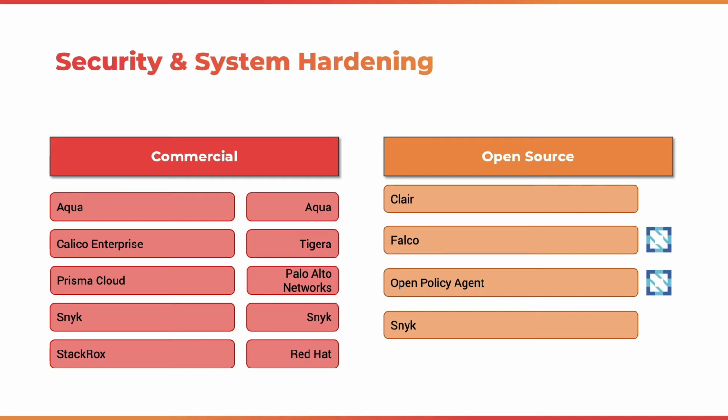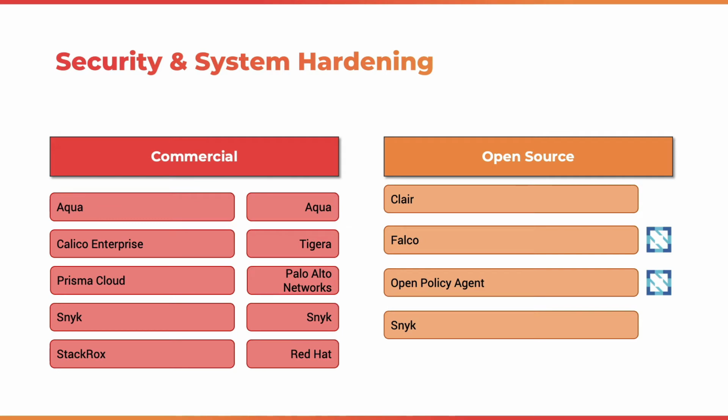And when it comes to open source, we have projects like Clair, which is scanning the container images for vulnerabilities before they are deployed. Falco, that actually provides policies, and same thing with Open Policy Agent, very popular, very important aspect of the Kubernetes ecosystem. And then Snyk, which is again both commercial and an open source project.